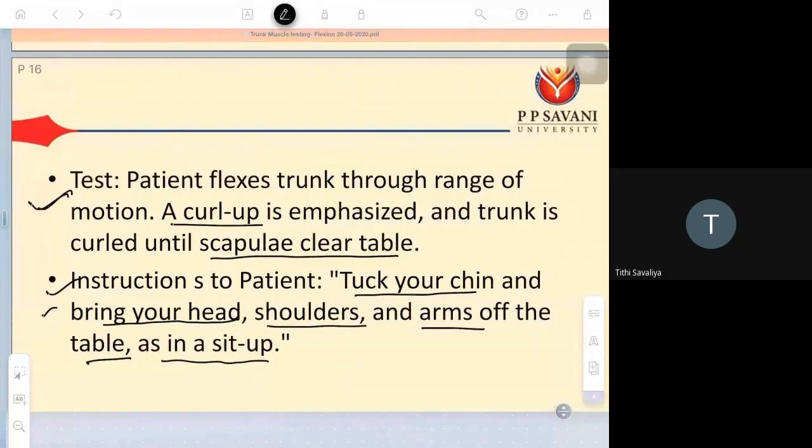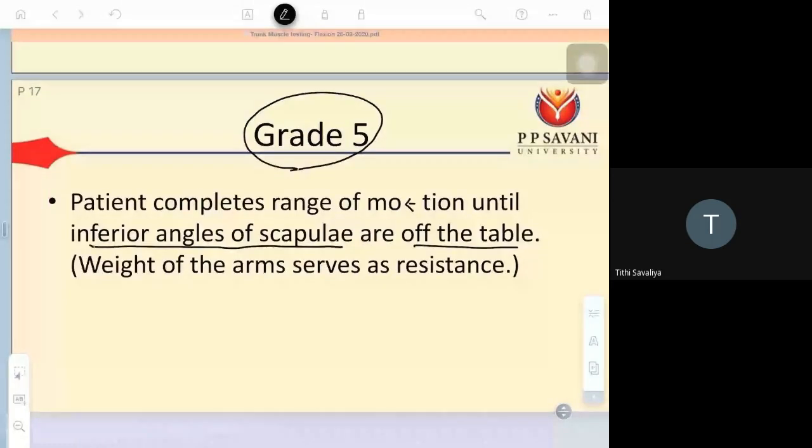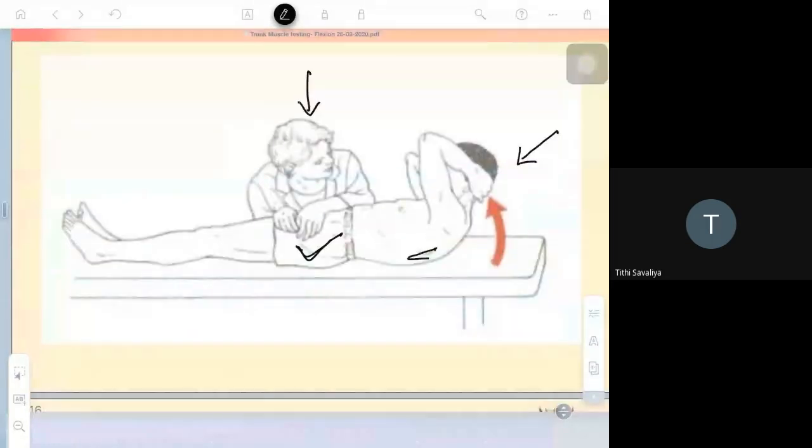Now, what is grade 5? Patient completes range of motion until inferior angle of the scapula are off the table. This is the scapula.